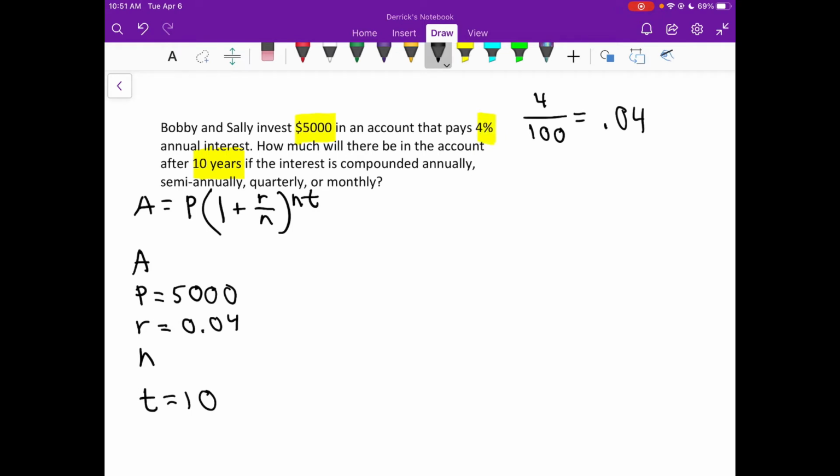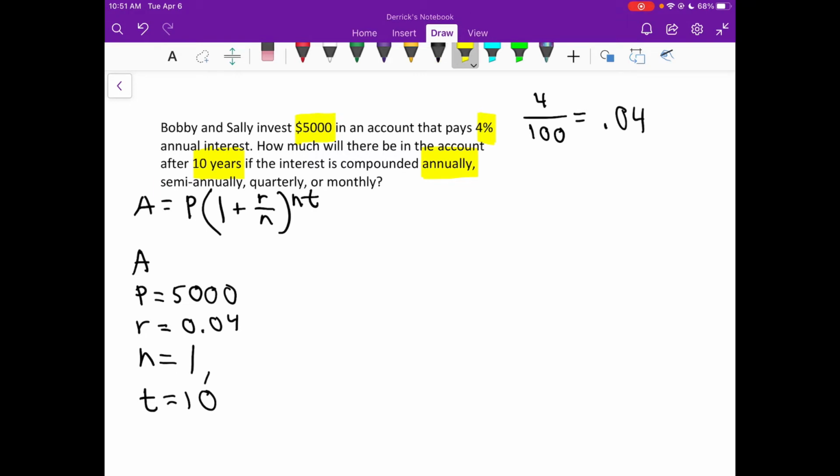We are given an N value here, because we're told how it's compounding. But understand, there's 4 separate N values because this problem is asking us 4 separate questions. So N is going to equal 4 different numbers depending on which one we want to look at. If it's compounding annually, annually would mean once per year.